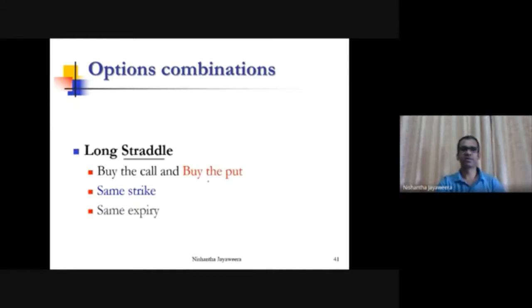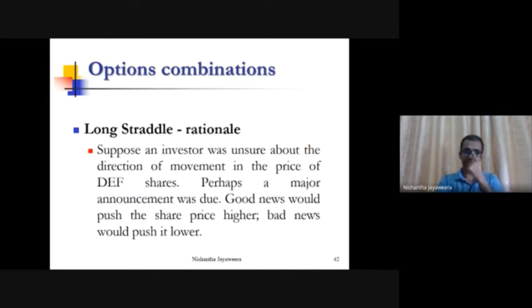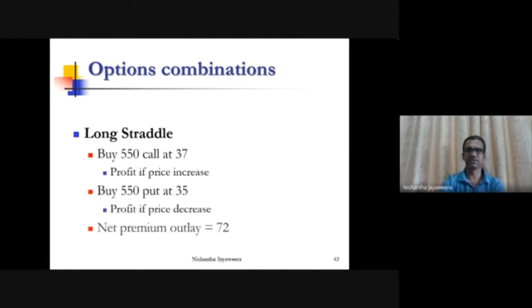Buy the call and buy the put with the same strike, same expiry. So the rationale is, as an investor, you are unsure about the direction, but you know the price is going to deviate from the current price either way, either up or down. So this is again an example.